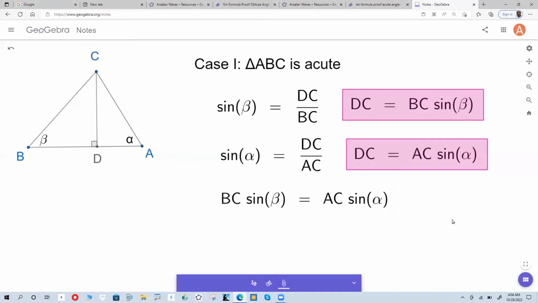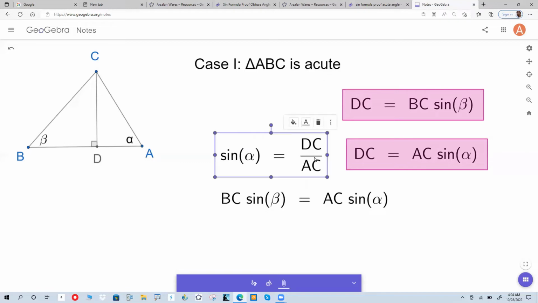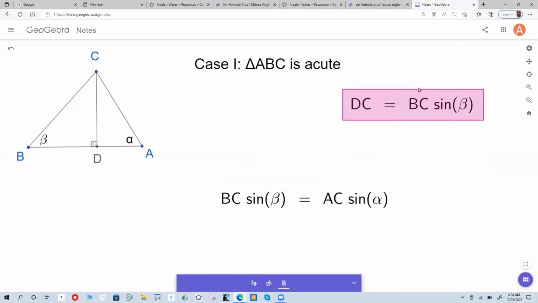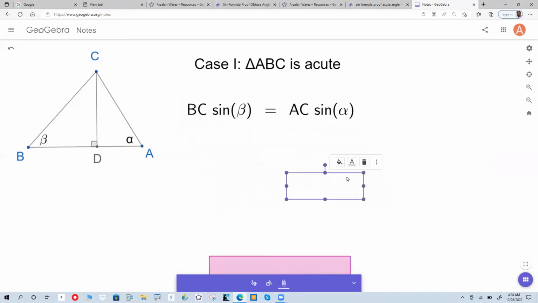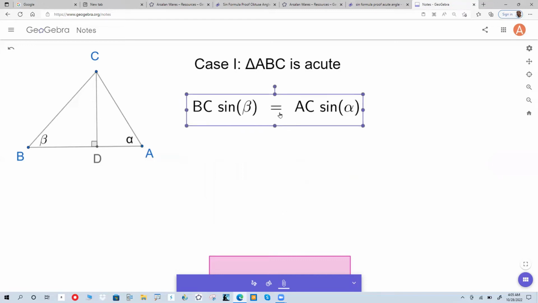Now I'm almost done. I'm going to erase these things. I don't need them anymore. I need the room. So what do I do here? I divide both sides of this equation by sine alpha and sine beta. How do I do that?